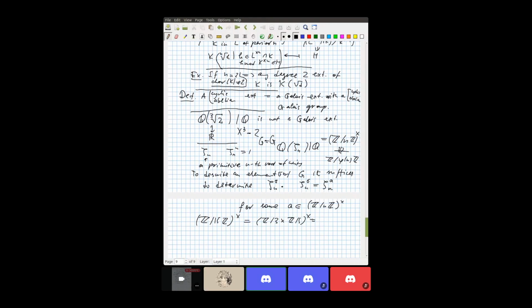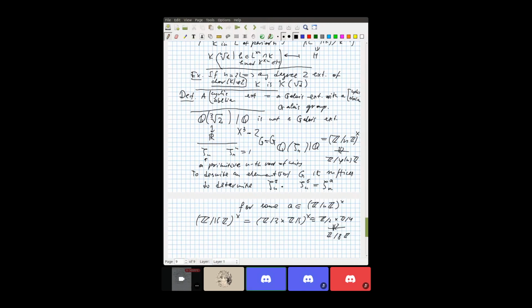The invertible elements of Z mod 3 form a group Z mod 2, and those of Z mod 5 form Z mod 4. So it is not isomorphic to Z mod 8.